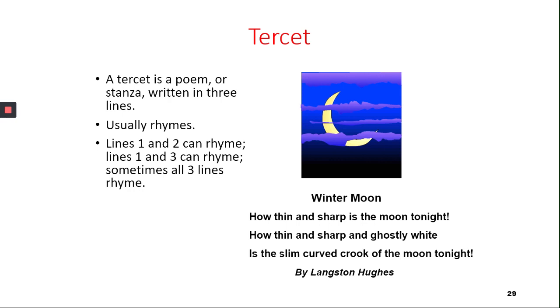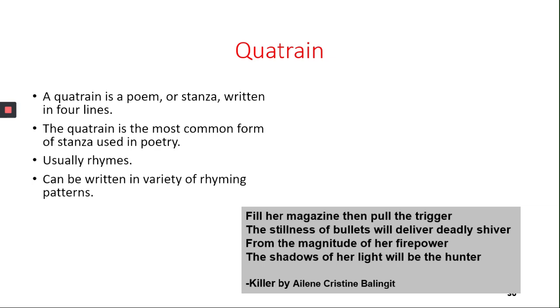How thin and sharp is the moon tonight, how thin and sharp and ghostly white is the slim curved crook of the moon tonight. So the rhyme here is from line 1 and line 3. Tercet, again, it's a 3-line stanza.